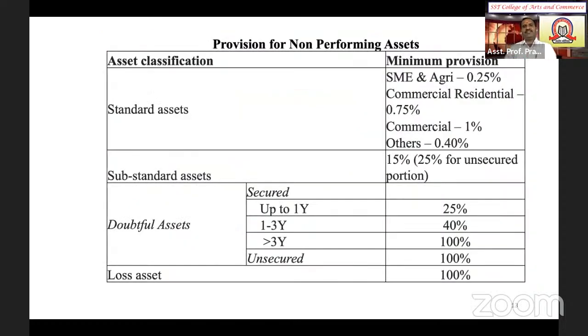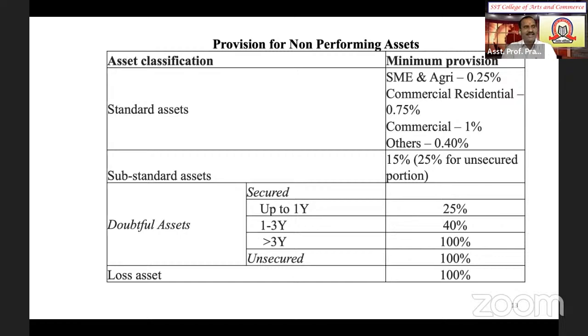Sometimes the university will ask you to calculate the provisions for non-performing assets. For asset classification, there are 4 major classifications: standard assets, substandard assets, doubtful assets and loss assets.